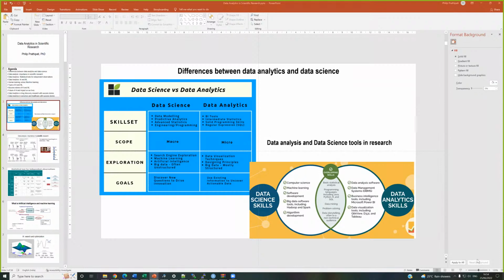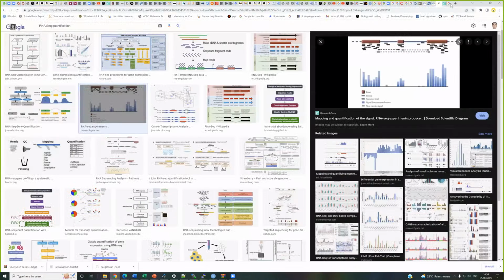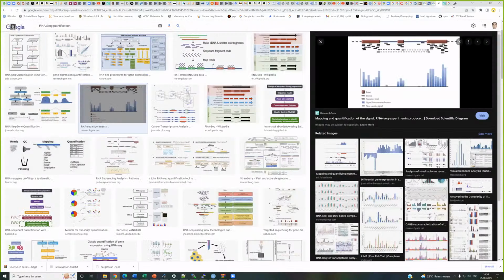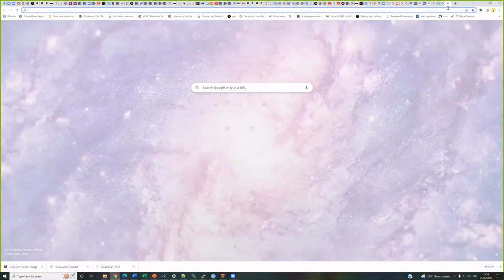If you want, I can just show you. If you open any Nature or Science paper, almost every paper that is published involves data analysis.